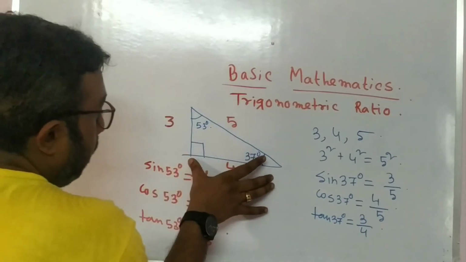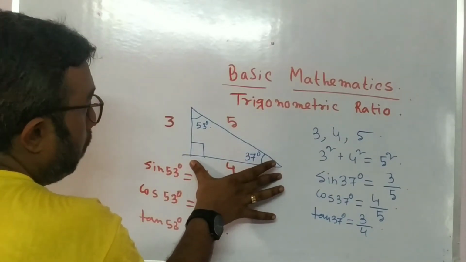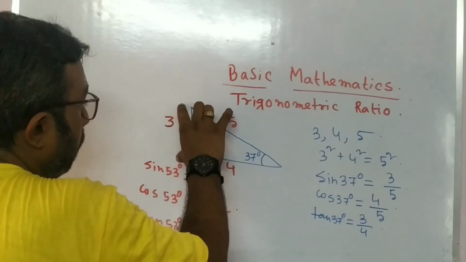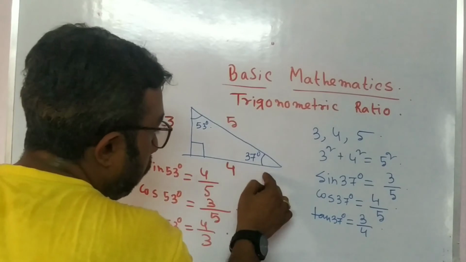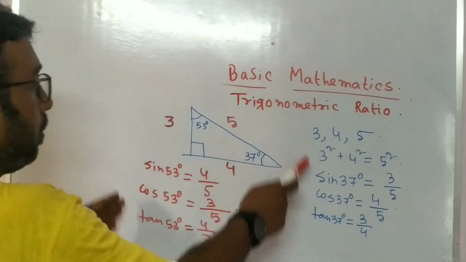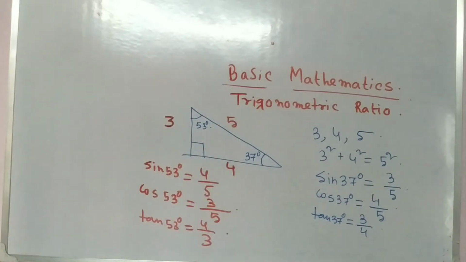We take it as a perpendicular with respect to this angle, and we take perpendicular this side with respect to 37 degree angle. You just need to learn these formulas or values, whatever you say.